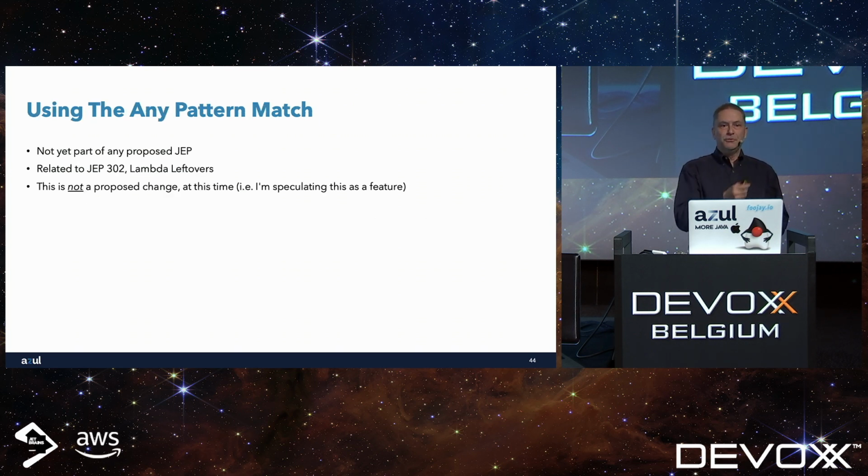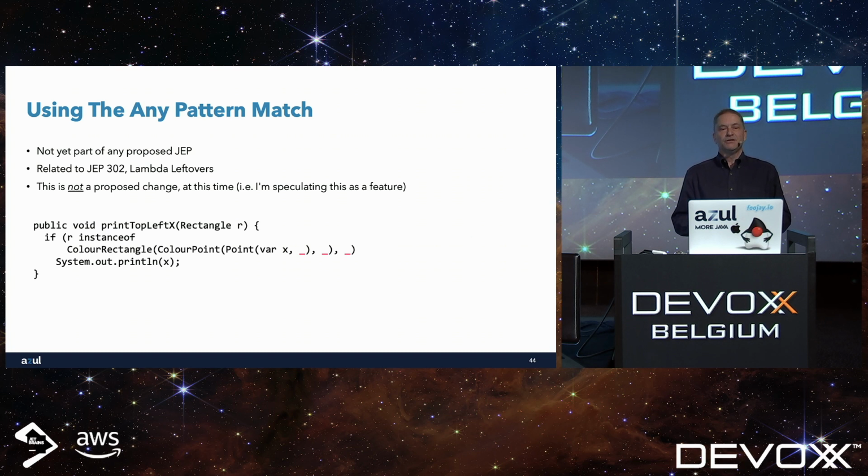But what we could do, in theory, if the language allowed us to, and hopefully it will at some point, is to use the idea of the underscore, the any pattern. As I say, I'm speculating about this; I'm told it might make it into JDK 20. We'll see. So we could then do this.